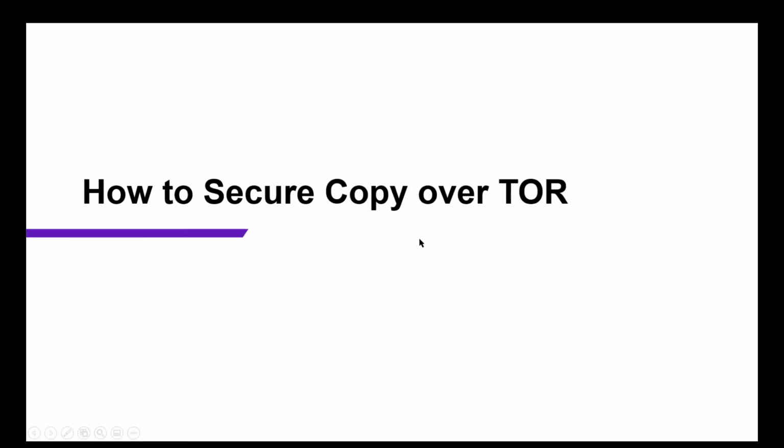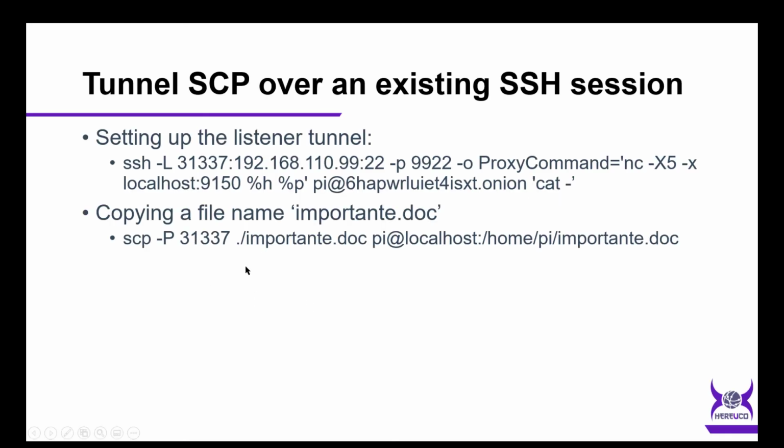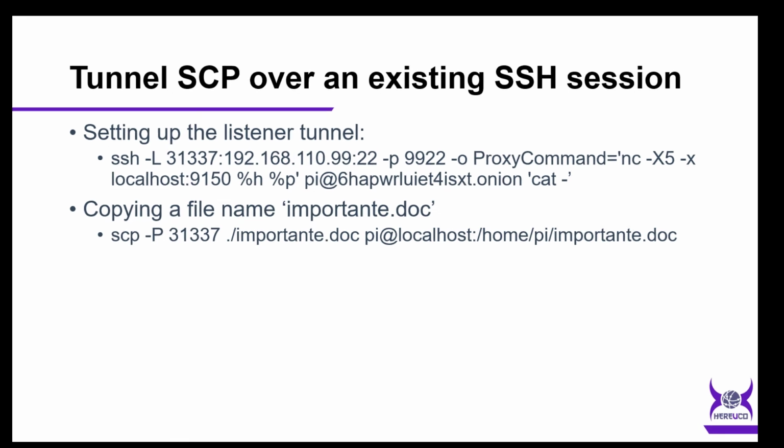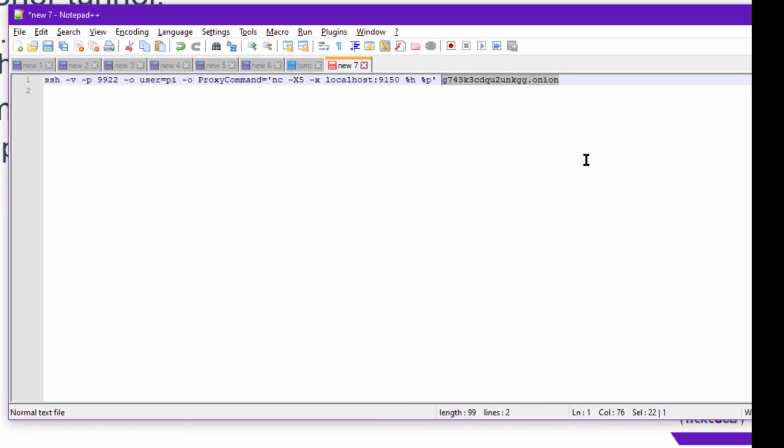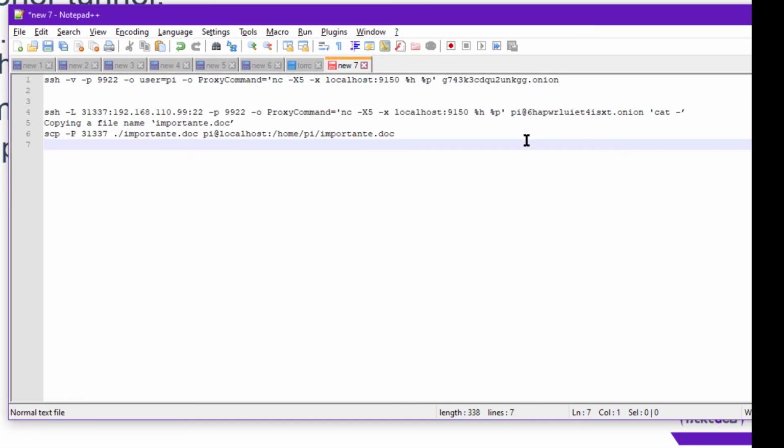Now this one was a little bit more of a hassle for me, but I finally figured it out. You need these two commands. So we'll copy these two commands. I'm going to paste it into Notepad++. And then I'm going to just clean it up. We need that onion address right there.